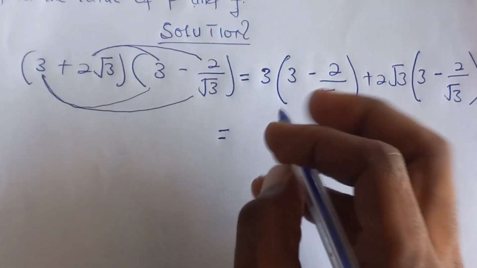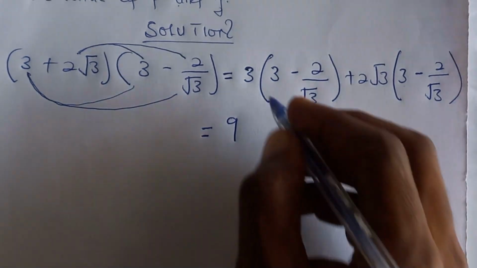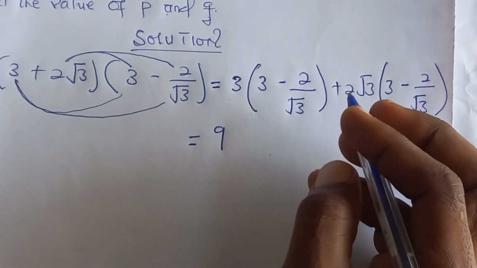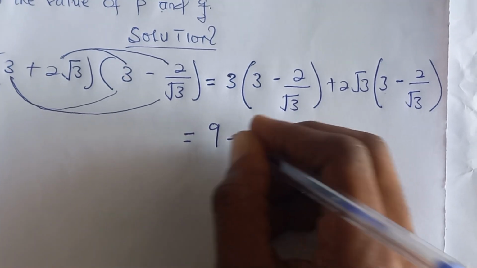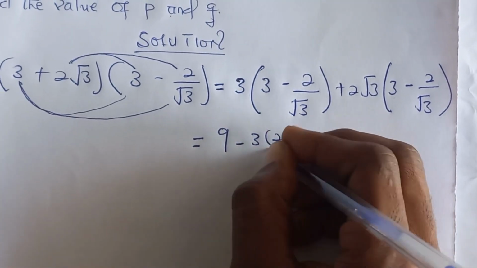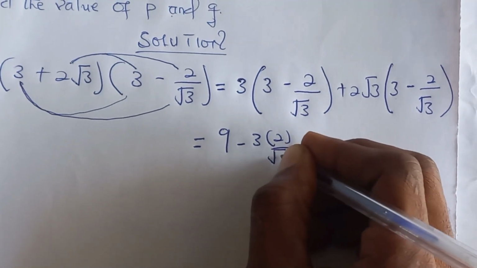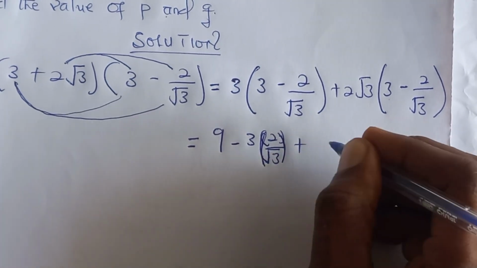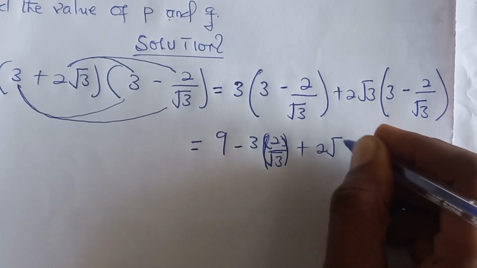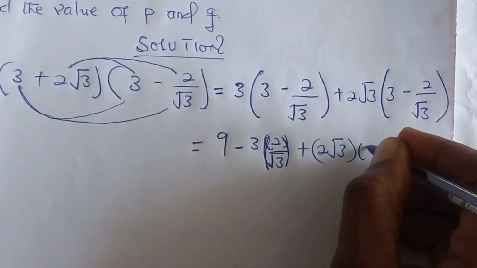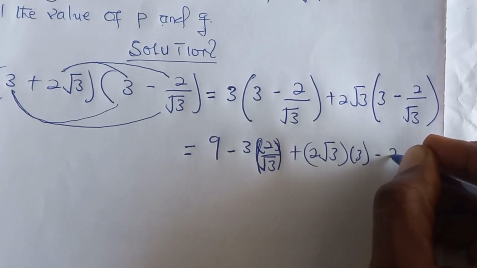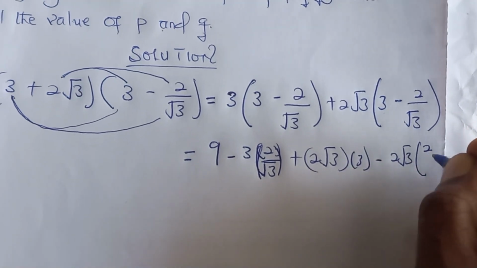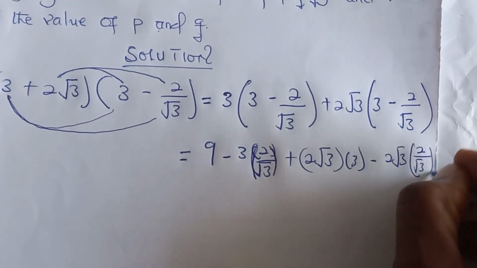We know that 3 times 3, we are getting 9. 3 times negative 2/√3, it's going to be minus 3 times 2/√3. Plus 2√3 multiplied by 3, minus 2√3 multiplied by 2/√3.